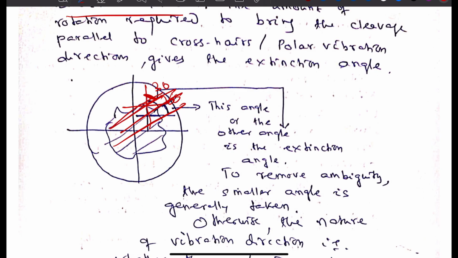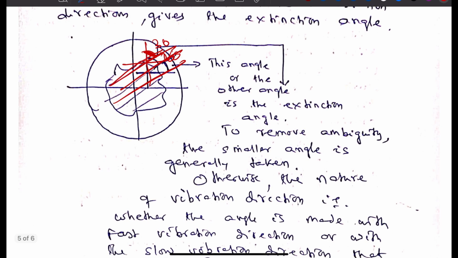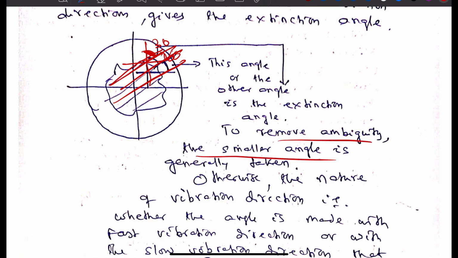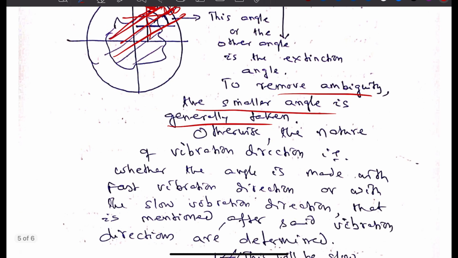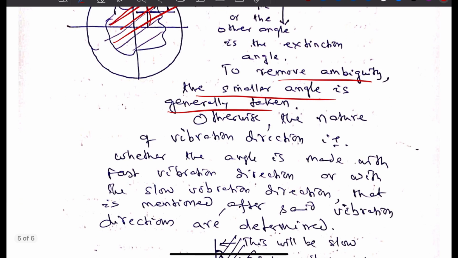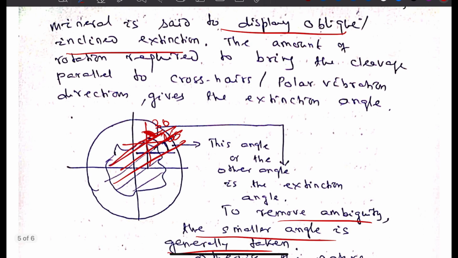So in one case when the angle is 30, the other case it will be 60. So the general rule is that we have to take the smaller angle. In order to remove the ambiguity, a smaller angle is generally taken. Otherwise, the nature of vibration we will have to determine, because as I have already discussed, one of these directions will be fast, the other direction will be slow.